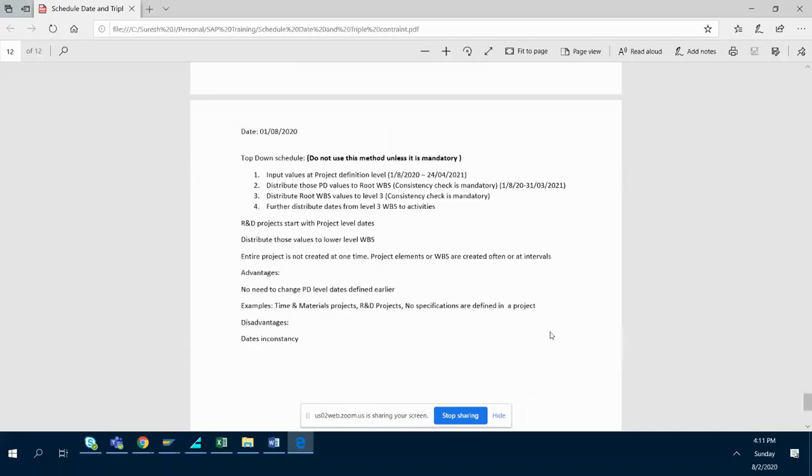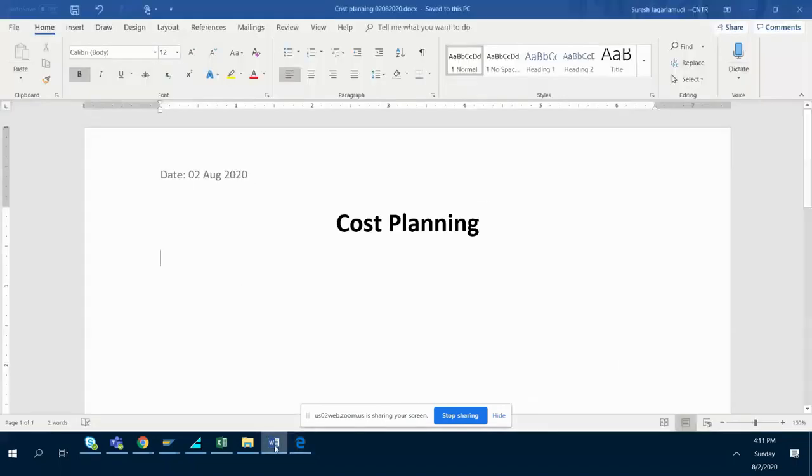Once we are very clear about that, let's start the second topic, of course the most important topic: cost planning. We have already touched upon it, though not discussed it. There is always a relationship between your scheduling and cost, because this is again associated with resources.